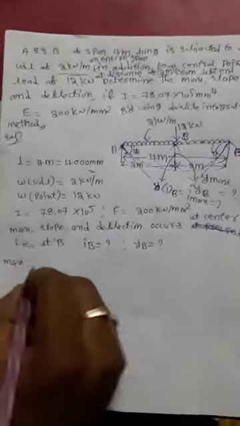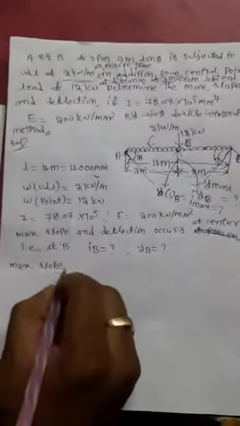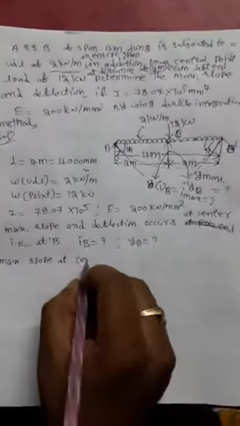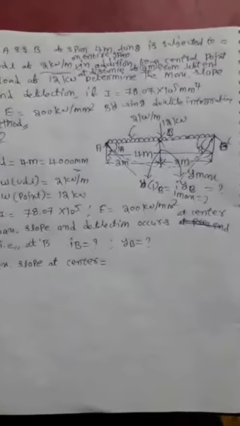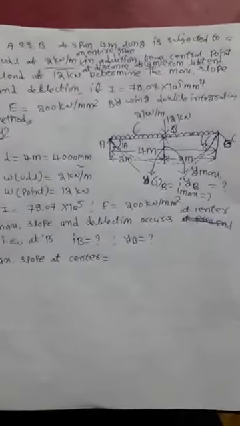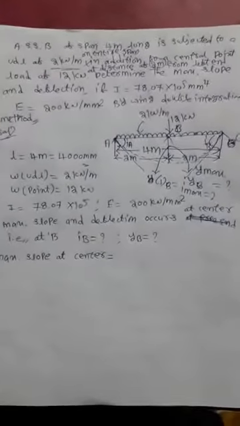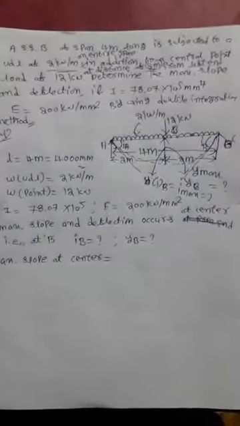For finding these values, the formula is the maximum slope at the center. For this simply supported beam, the maximum slope occurs at the center, so that point is denoted by a letter.